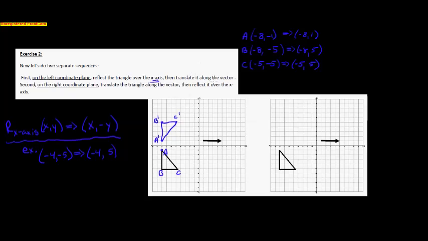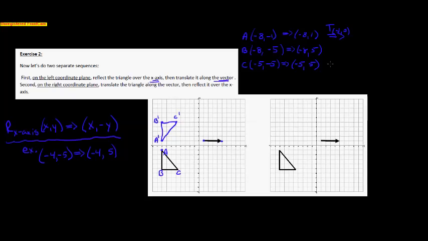Now we want to translate it along this vector. Well, if I just count how many places I moved, if I start here, I go 1, 2, 3, 4 places to the right. So basically, what they're doing with these points is we're doing a translation, and it's moving 4 places to the right, and it's not moving up and down at all.